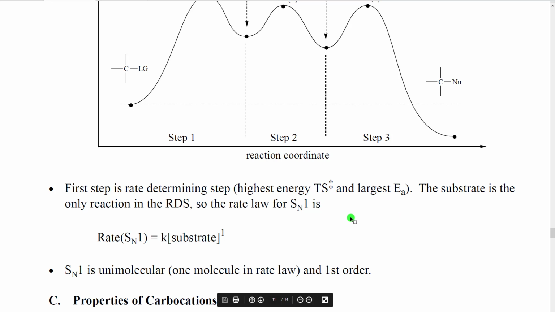If it's following the SN1 reaction, then changing the concentration of the nucleophile should have no effect on the rate of the reaction. Whereas if it's following the SN2, if we change the concentration of the nucleophile, the rate of the reaction should change proportionally.